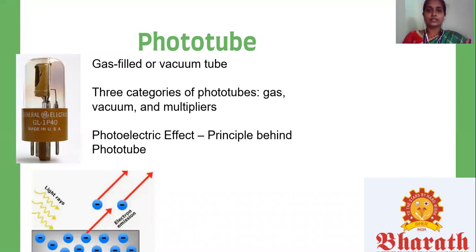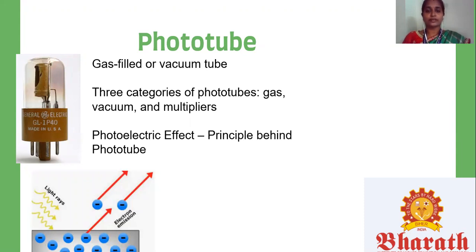So there are three categories of phototubes: gas, vacuum, and electron multipliers. The basic phototube is made up of a gas-filled or vacuum electron tube in which two electrodes, that is the cathode and an anode, are mounted. A gas phototube utilizes argon or some other type of inert gas at a very low pressure.